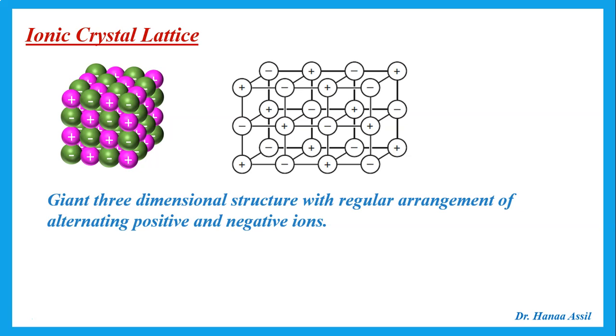When we have sodium chloride, for example, we don't just have one sodium ion next to one chloride ion. No, we have a giant three-dimensional structure with many positive and negative ions in a regular arrangement of alternating positive and negative, and that means each positive ion will have 6 negative ions around it, and each negative ion is surrounded by 6 positive ions.